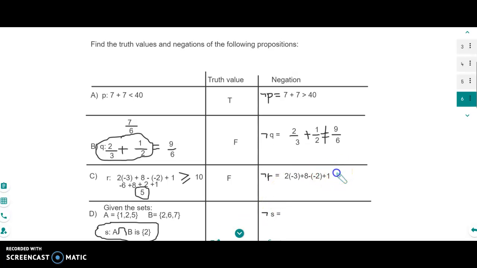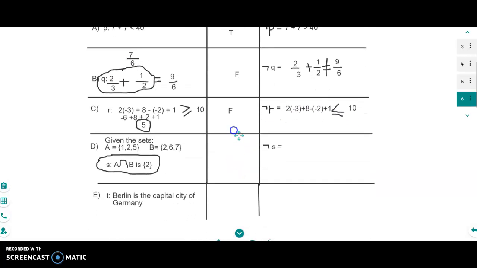So we write less than 10, all right? So it's less than 10, because we got a 5 in the answer. Okay, very easy, guys. We always do the same procedure. We go to the next one.